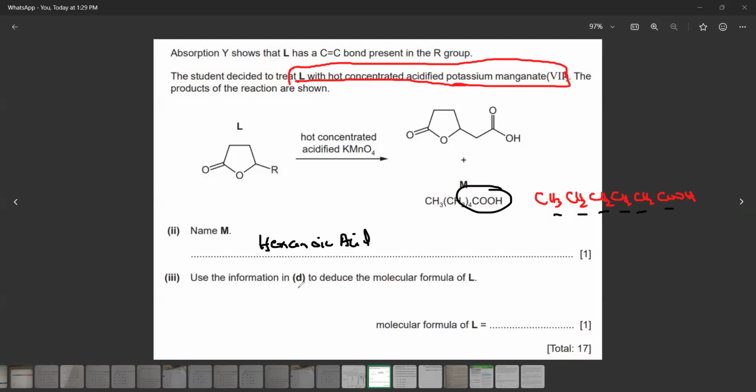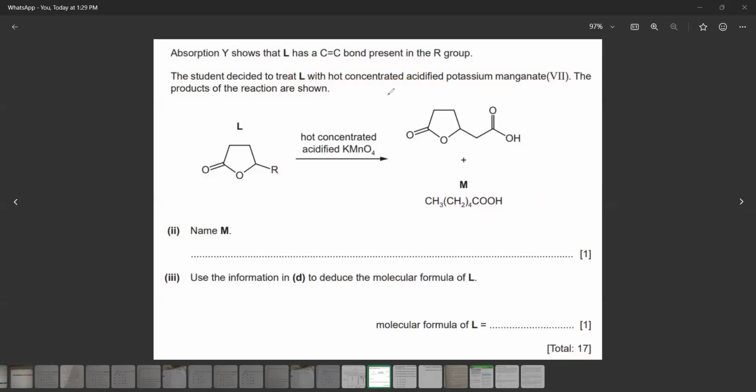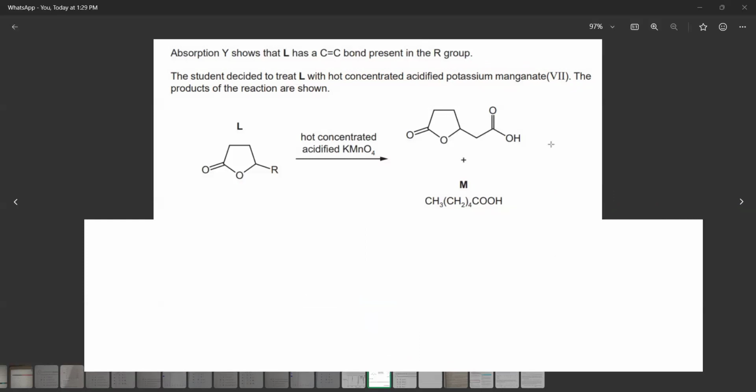Then use the information in D to deduce the molecular formula of L. How can we deduce the molecular formula of L? First, we have to identify how L is formed. In this group, this C double bonded with O is there, and that is turned into a carboxylic acid like this till here.